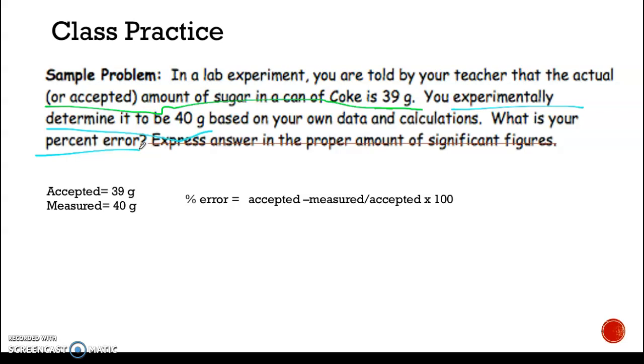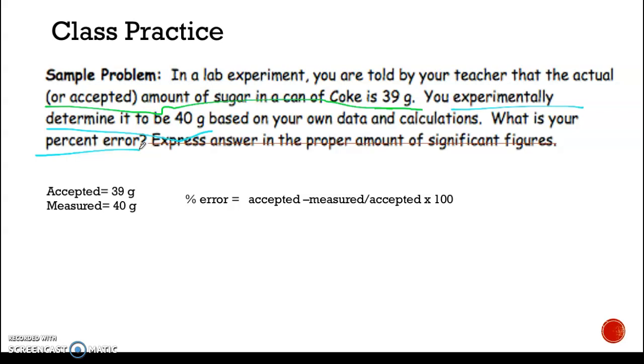Because I'm using the computer, I can't really write the absolute value sign, but I'll figure that out. Also, your measured and your accepted can be flipped around. Math rules: remember, your accepted minus your measured must be positive. So if you have to flip it around, that's perfectly fine.